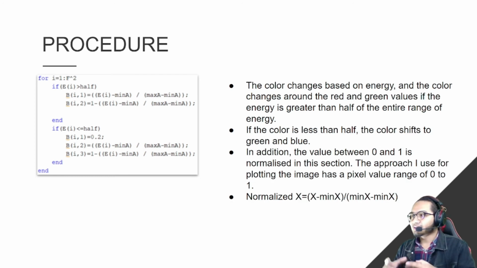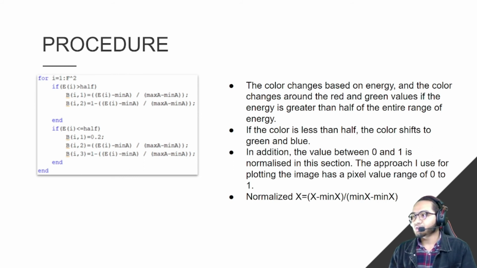The color changes based on the energy. The color changes around the red and green values if the energy is greater than half of the entire range of energy. If the energy is less than half, the color shifts to green and blue. In addition, the value is normalized between 0 and 1 in these sections.